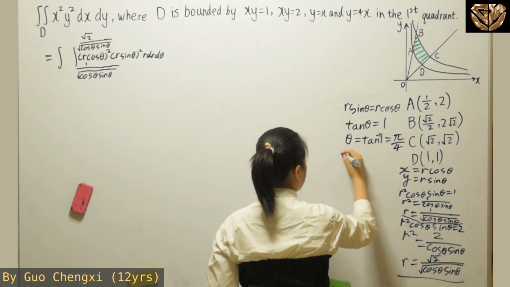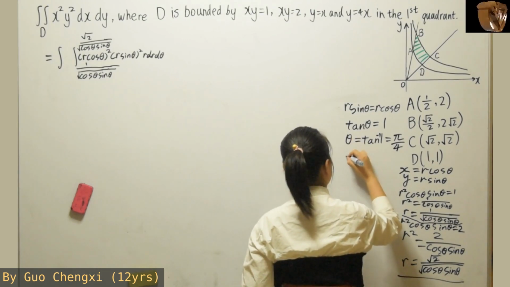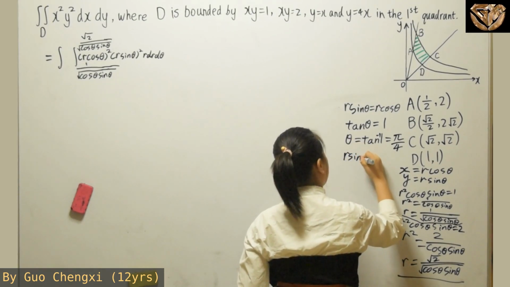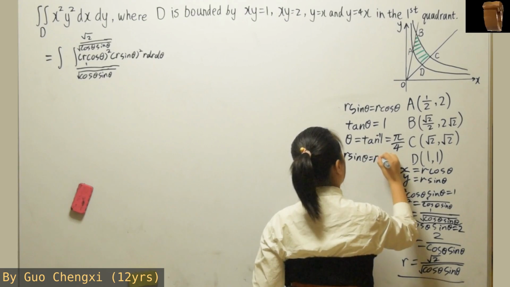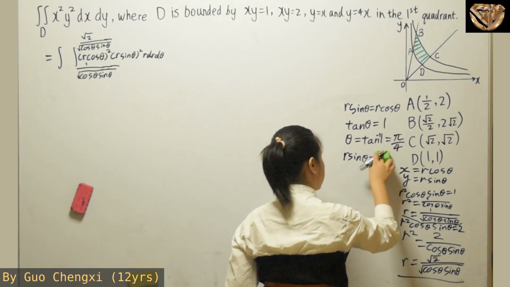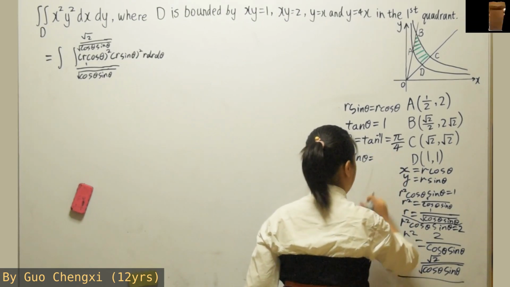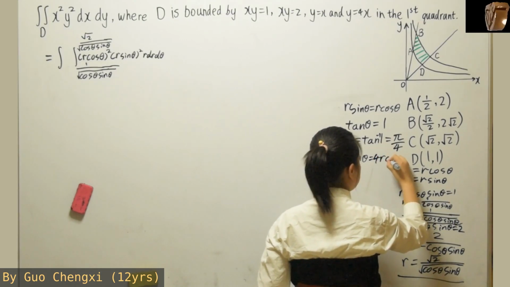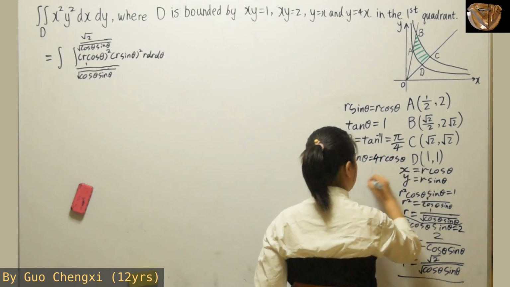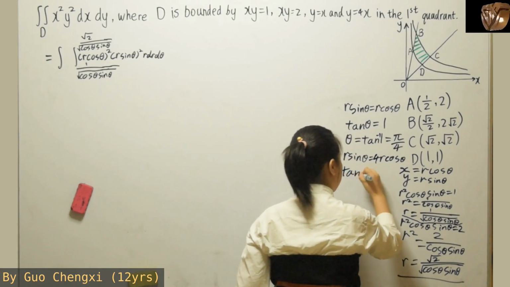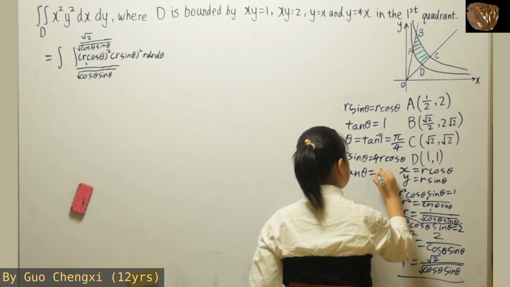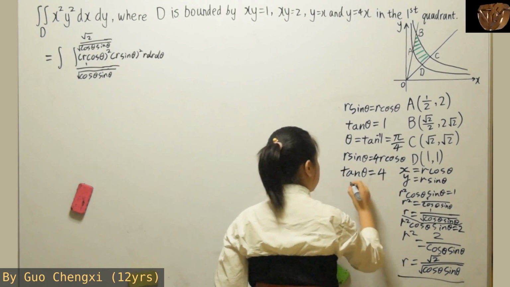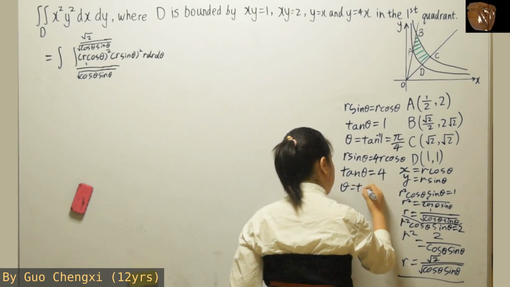Now we also have r sine theta equals 4r cosine theta, which is y equals 4x. Once again the r's simplify, and we have tangent theta equal to 4, so theta will be inverse tangent 4.